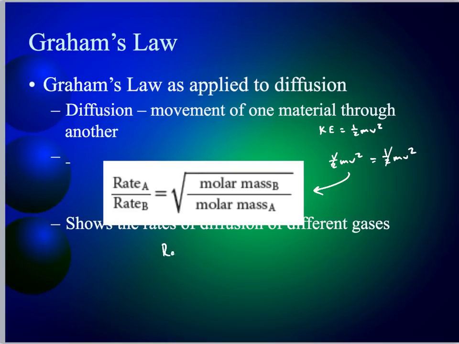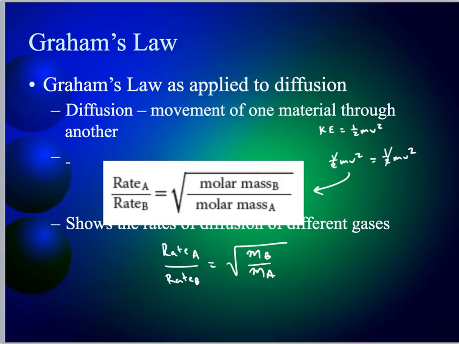The most common mistake with this, as you can probably guess, is making sure that we put the right substance in the right spot. If we notice here, it's rate A over B is equal to the square root of the molar mass of B over A. So they're flipped there. Don't make that mistake when you are using this equation.